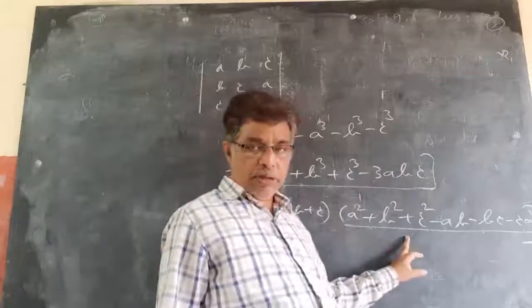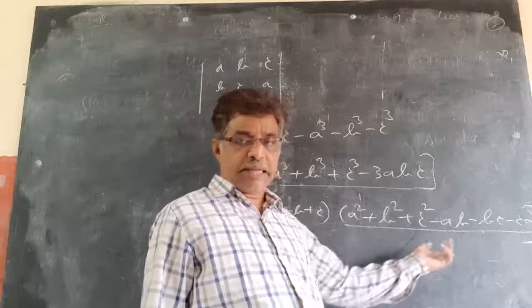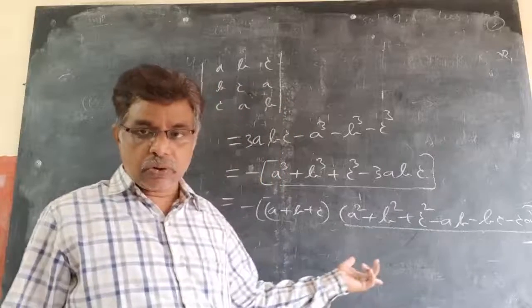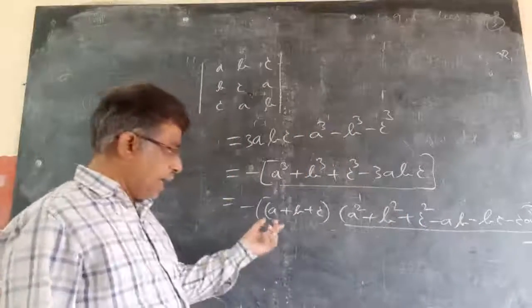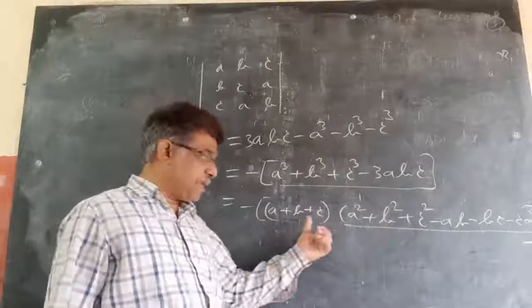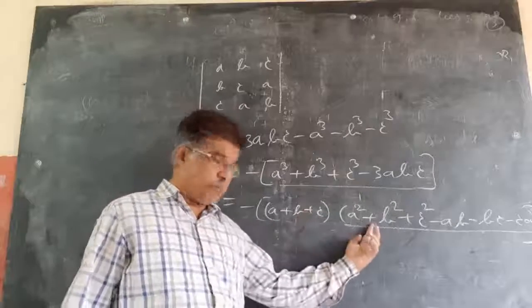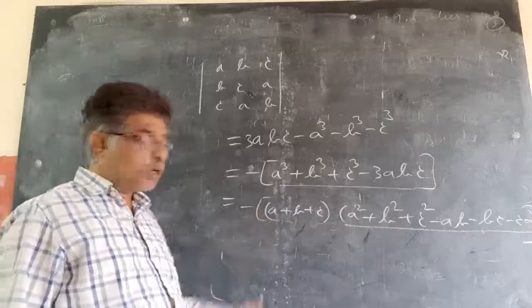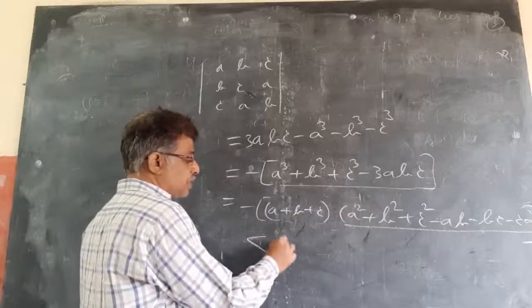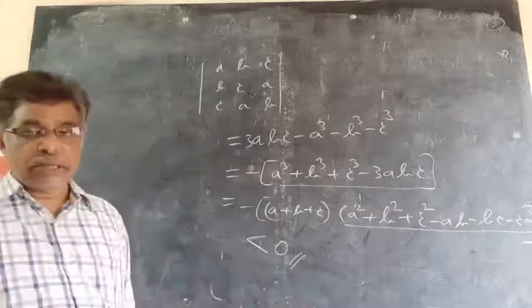I taught you how to write in our first year itself. So this whole is greater than 0. And a, b, c are positive, means a plus b plus c also positive. So positive into positive, positive, into minus gives you negative. Means less than 0 is your answer.